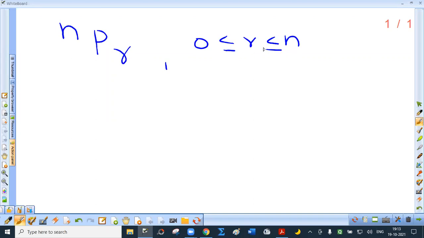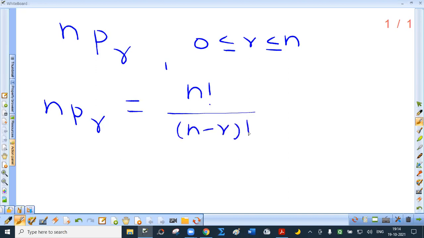In some cases, it is equal to n. For example, there are 10 students and all of them are to be arranged in a straight line. So it is possible, but usually r is less than n. Now we are going to prove the formula for nPr. nPr is n factorial upon (n minus r) factorial.